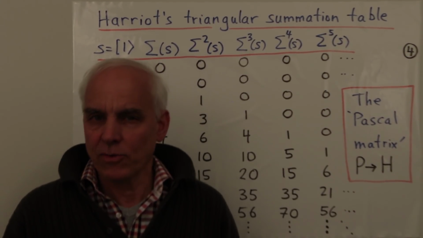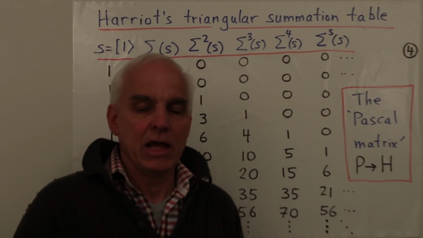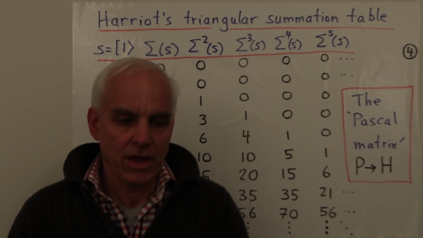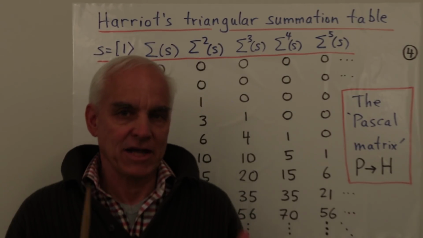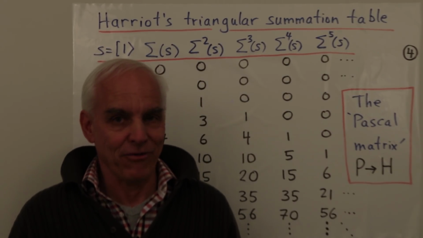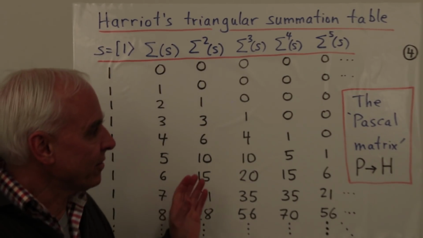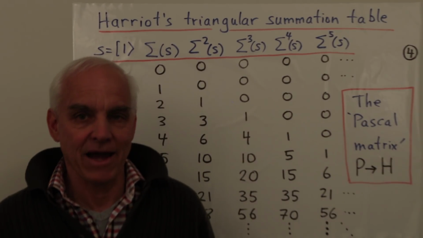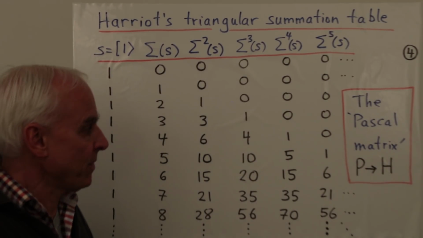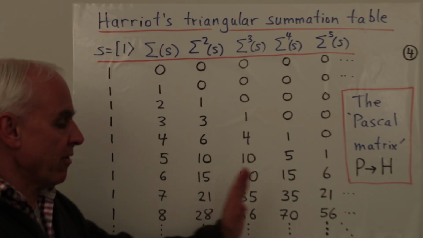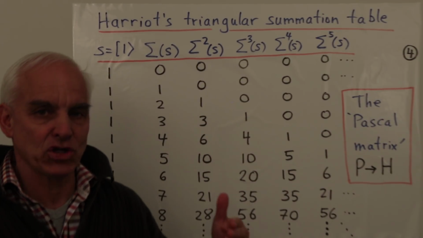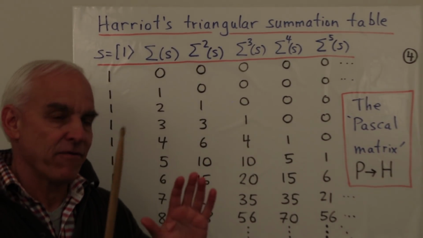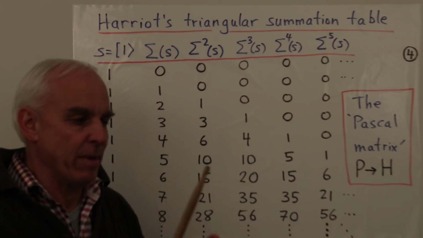So as I mentioned, Harriot was not just interested in differences, he was also interested in summation. And one of his discoveries, a really important discovery, is the role of what we've formerly called the Pascal matrix or array. And that this array fits very naturally into this framework of differences and summations.